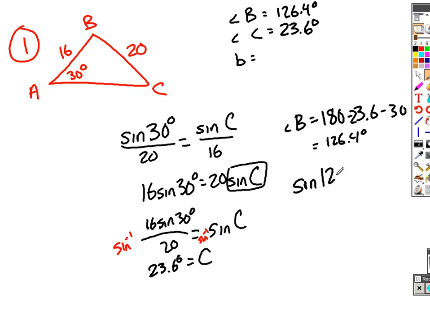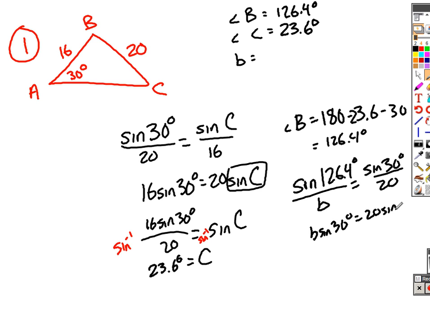I need to use sine of big B, sine of 126.4 over, don't know what little b is yet, that's going to equal sine of 30 over 20. Just another combination like we had over here that we already used. So, b sine 30 equals 20 sine 126.4.